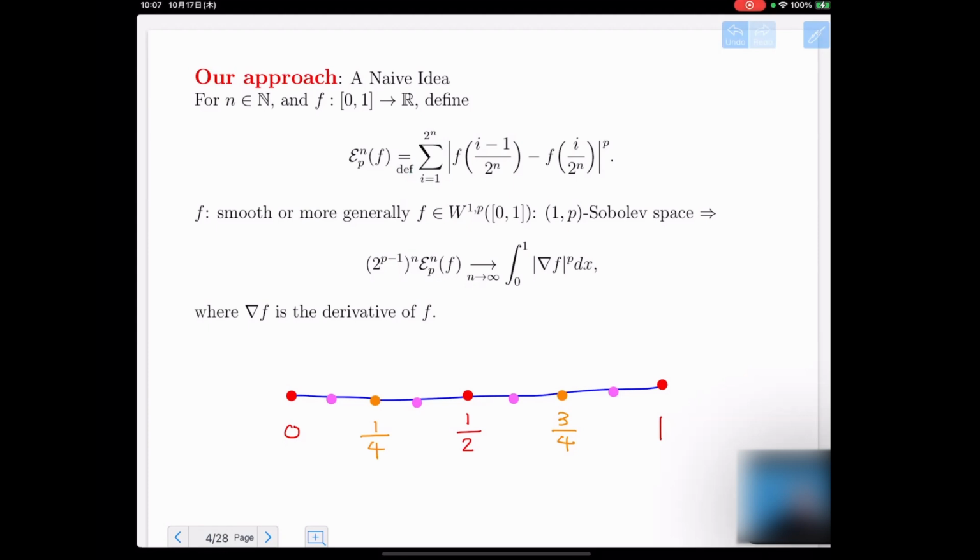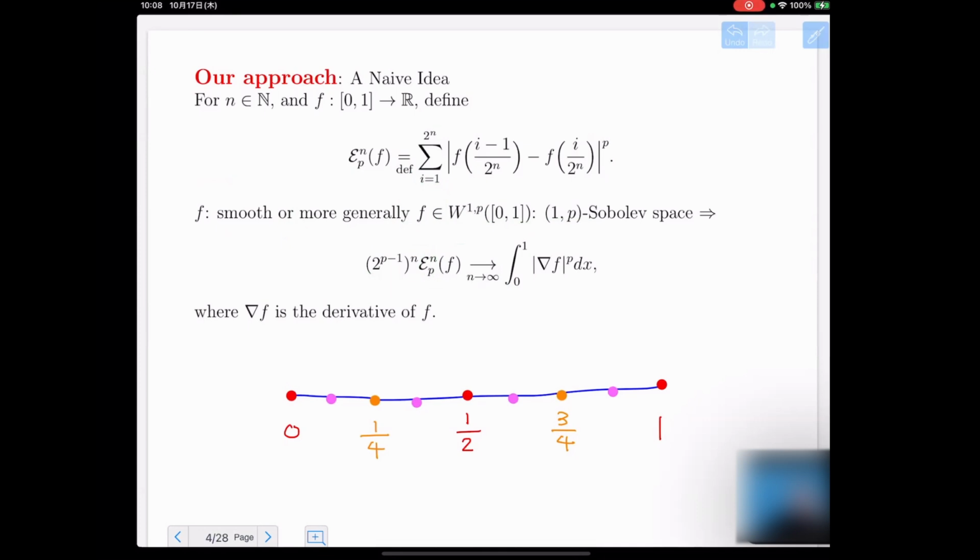By elementary calculus, one can show that if f is smooth, or more generally if f is in W^{1,p}, this discrete energy times a scaling factor goes to the p-energy of the function. This is the case of the interval.